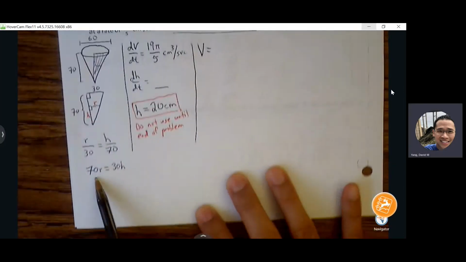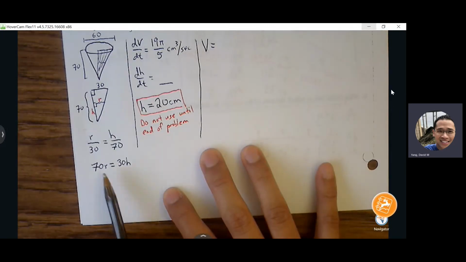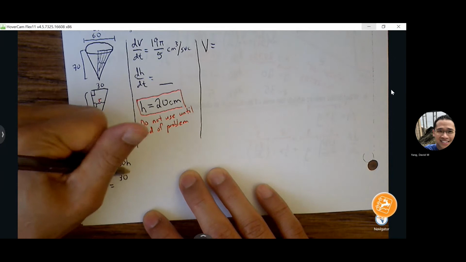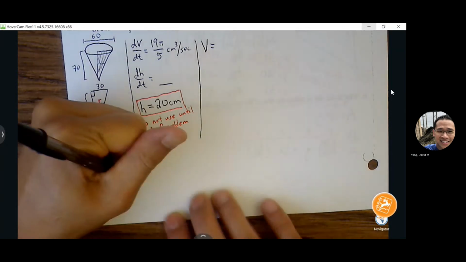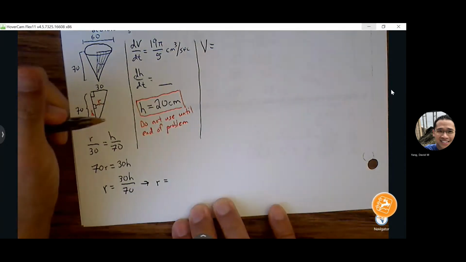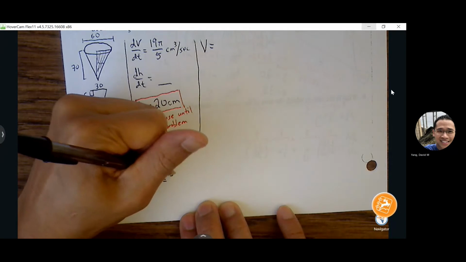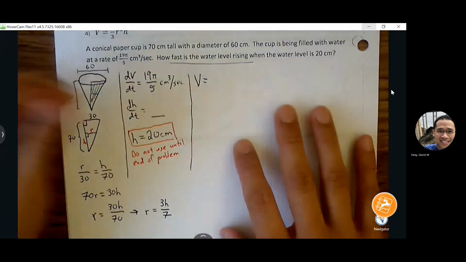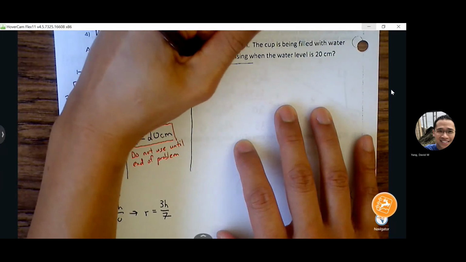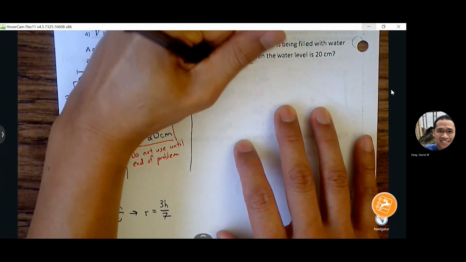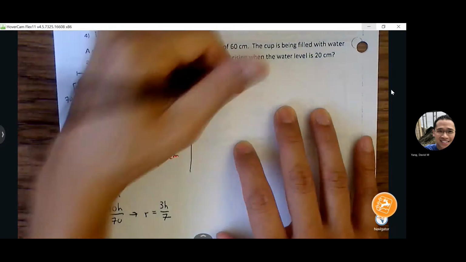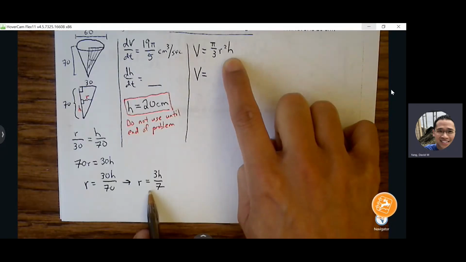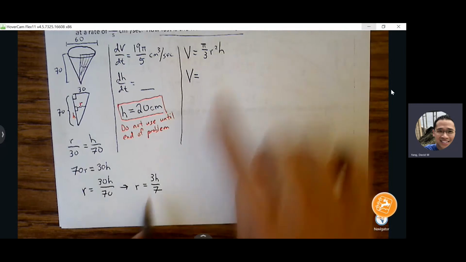Okay, so that means I want to solve for R, like you said, so that I can replace R. Okay, so I have a suitable replacement for R now. R is replaced with 3H over 7.